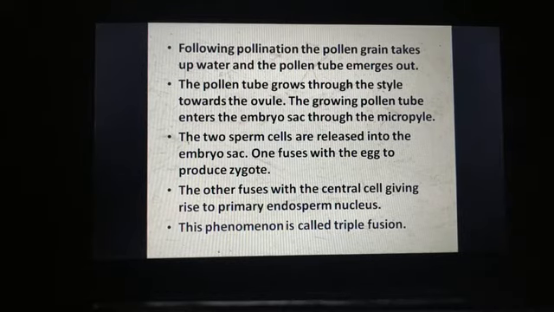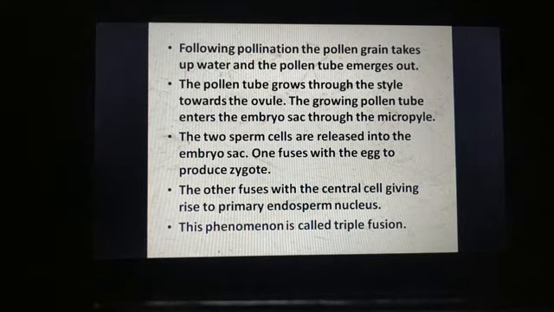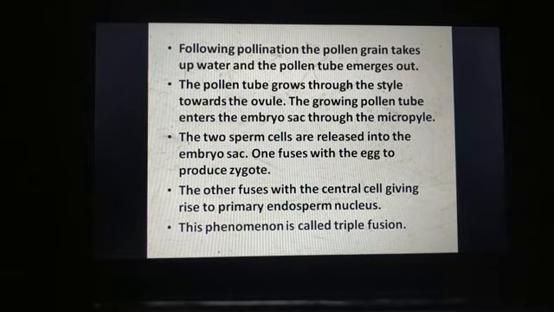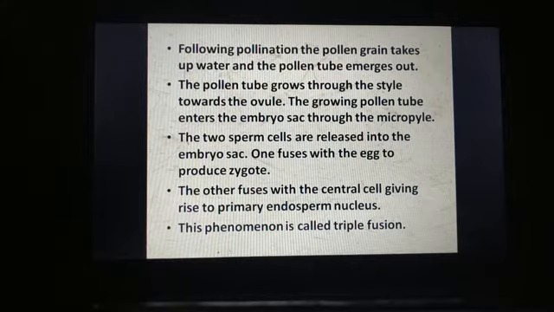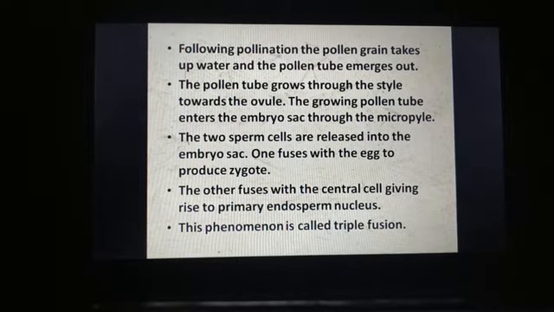So these two sperm cells are released into the embryo sac. Out of these two sperm cells, one fuses with the egg to produce the zygote, the other fuses with the central cell, giving rise to the primary endosperm nucleus, and this phenomenon is called triple fusion.